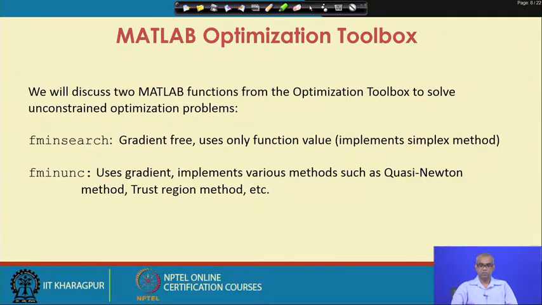It is a direct search method. It implements the simplex method, whereas fminunc uses gradient. So, you have to supply the gradient of the objective function, and if we do not supply it, it may use numerical computation of the gradient. fminunc implements various algorithms such as quasi-Newton method, trust region method, etc.